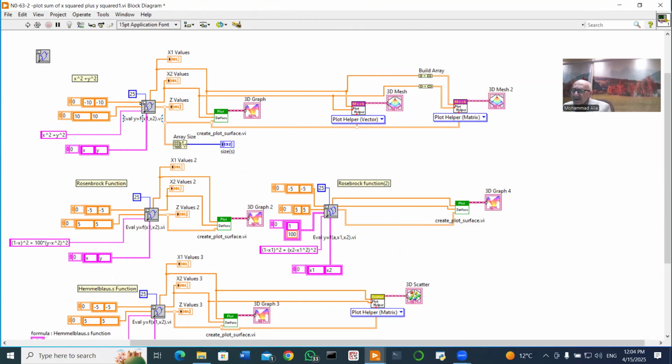The limits of the variables at the input, the starting and ending values, should be arrays with 2 values, one representing the initial value of x and the initial value of y as the lower or starting value, and 10 as the upper value.